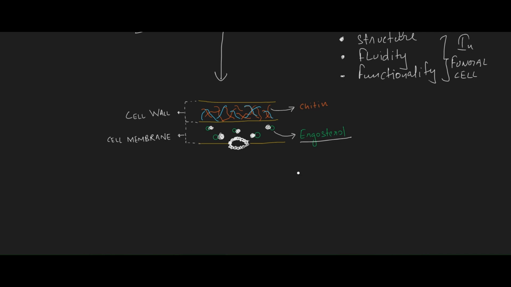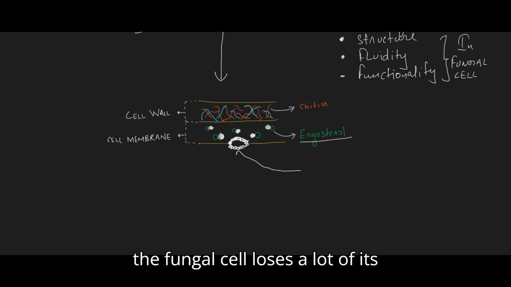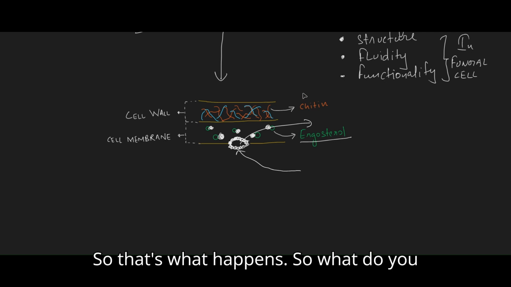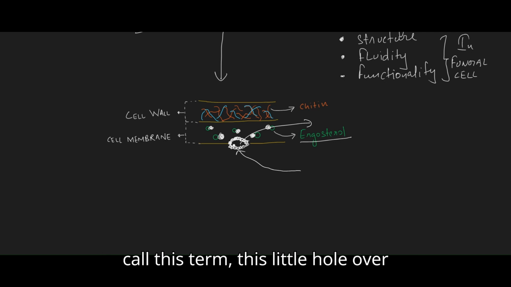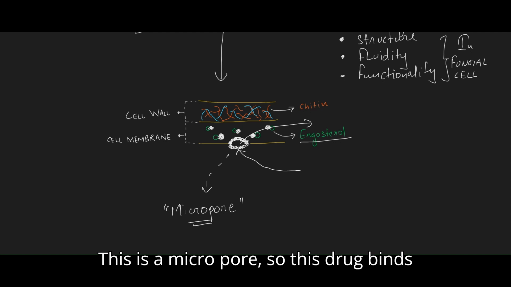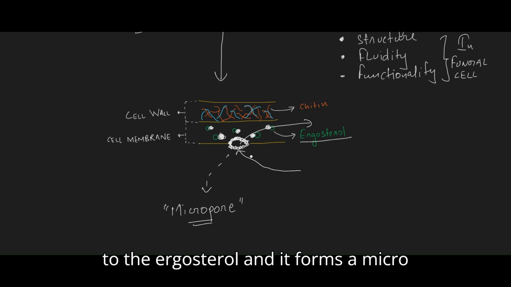Eventually, the fungal cell loses a lot of its major contents from the cell to outside. So what do you call this little hole over here? Well, you call that a micropore. So this drug binds to the ergosterol and it forms a micropore.